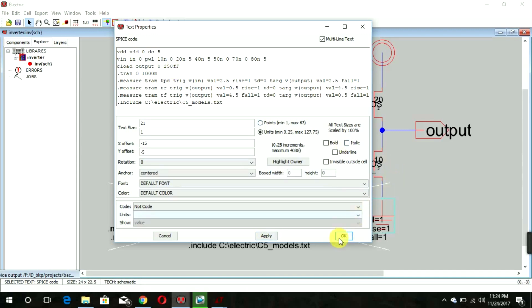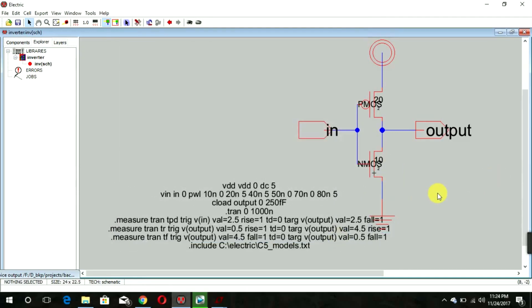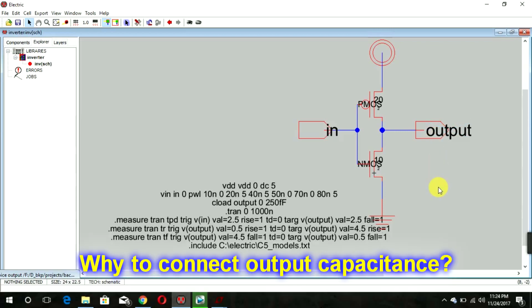But here is a twist. This is the output capacitance, right? It is connected at the output. I hope you know why we connect output capacitance. What's the significance of that capacitance? That capacitance actually represents the input capacitance of the next stage. Very confusing statement, I know.